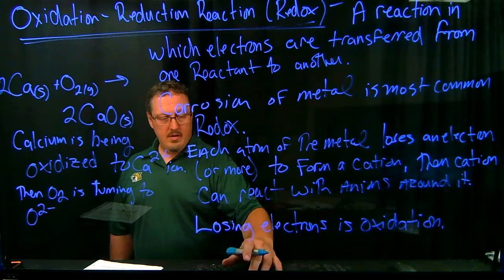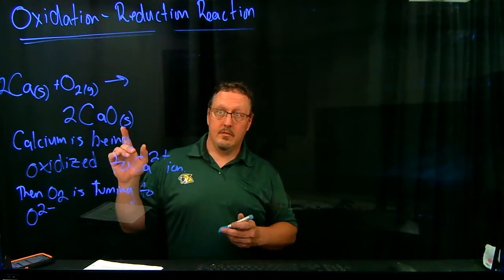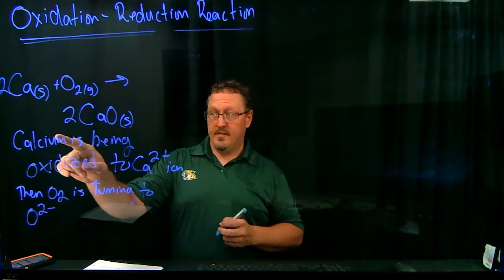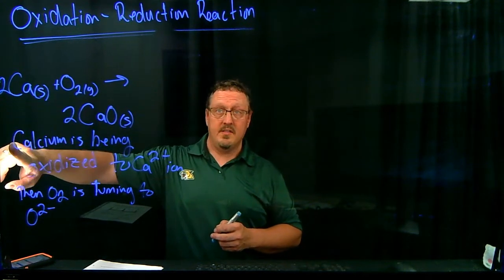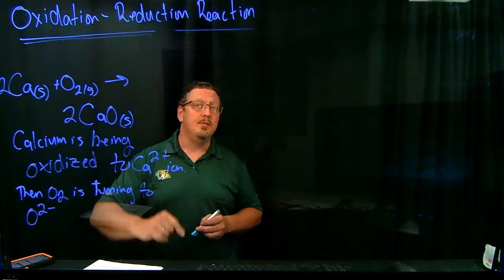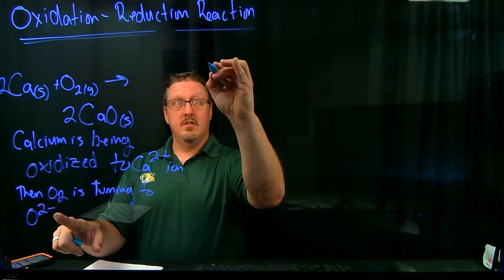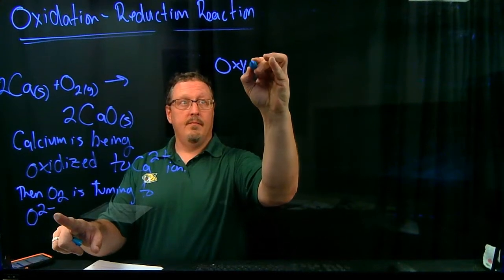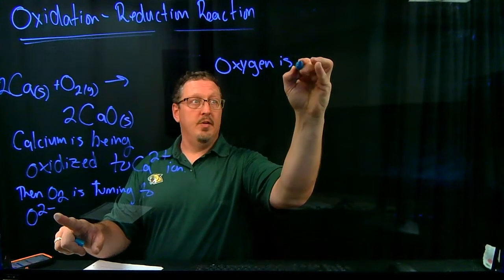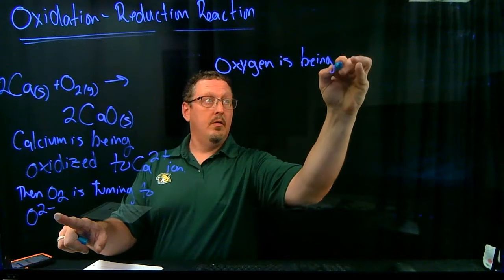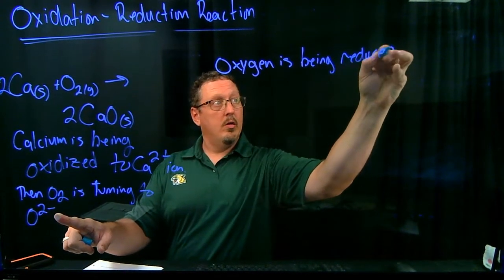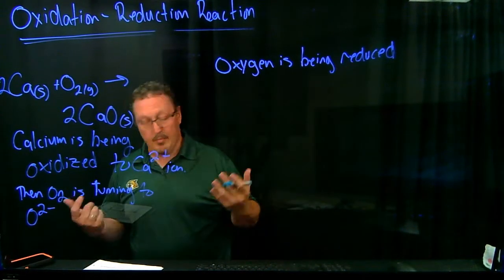Okay? Now, this is being oxidized. If one thing is being oxidized, the other piece has to be being reduced. And so in this case, oxygen is being reduced, or becoming more negative.